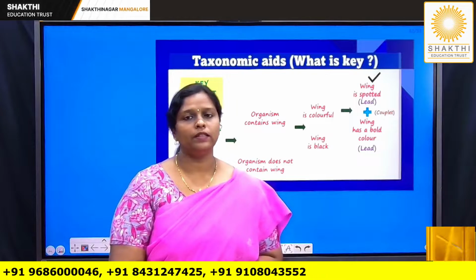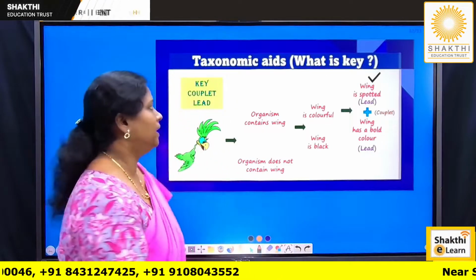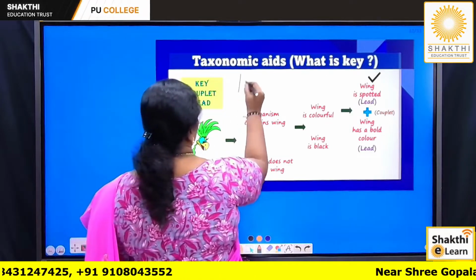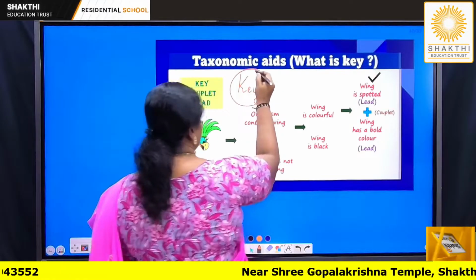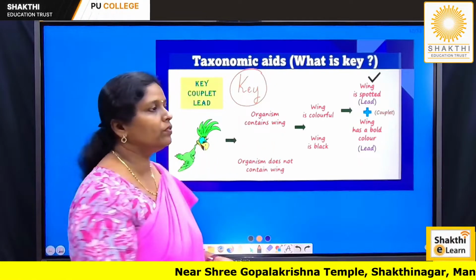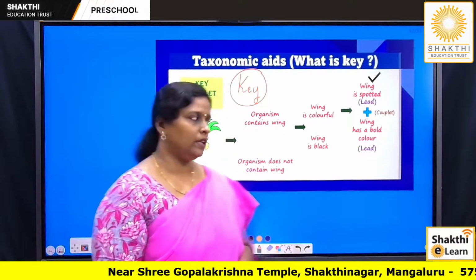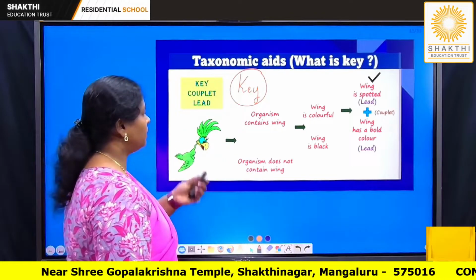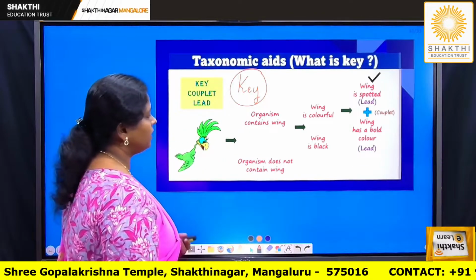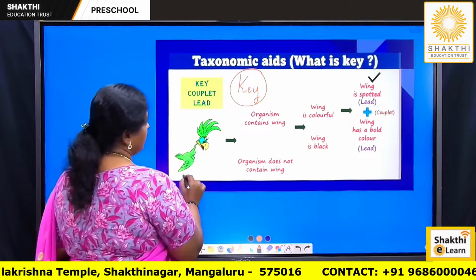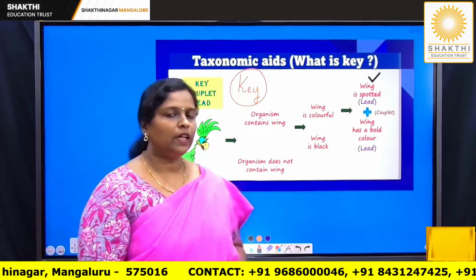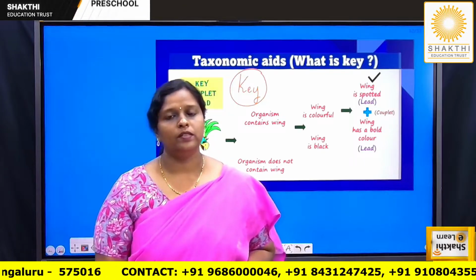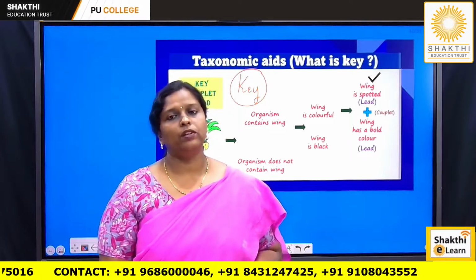Another important taxonomic aid is called a key. Examination point of view, it's very important. What is a key? Write the importance of key as a taxonomic aid. So in this image on the screen, now if an organism has been spotted, for example a bird is spotted by a person, that person wants to identify it. The person is very curious to know which particular bird it is.